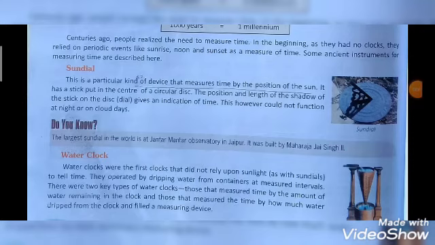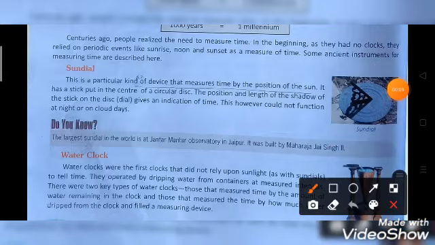So what are the different devices we use to measure time? Let's see. One is the sundial. This is a device to measure time by using the positions of the sun.